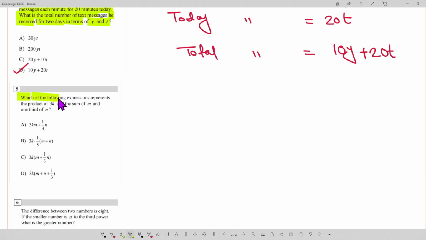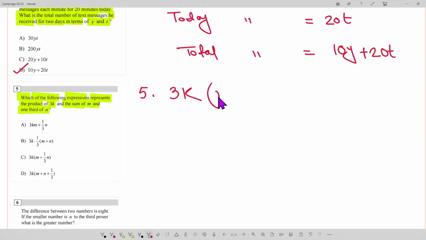Which of the following expressions represents the product of 3k and the sum of m and 1/3 of n? Look, first here is the product of 3k, and the sum of m and 1/3 of n.